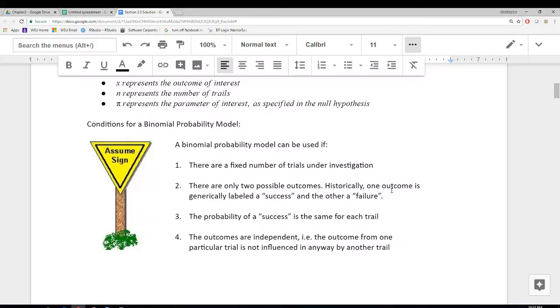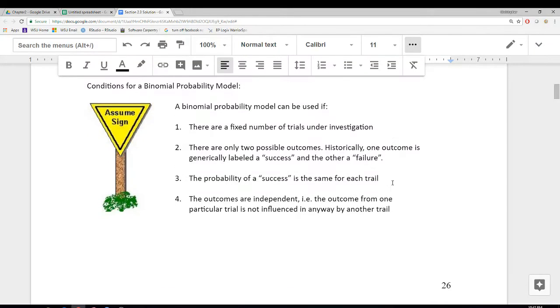Let's talk a little bit about some conditions or assumptions for a binomial probability model. These assumptions or conditions should be verified before using this model in a particular example. The examples that we've been looking at so far all meet the conditions of the binomial probability model.